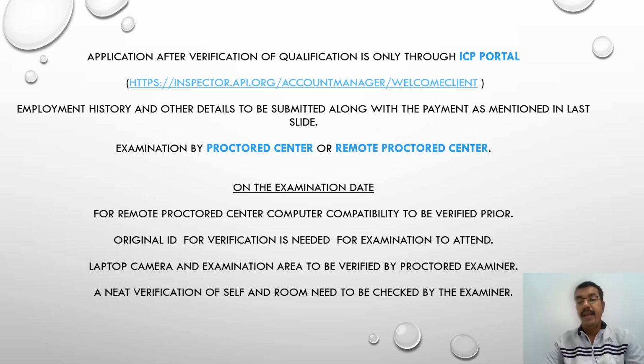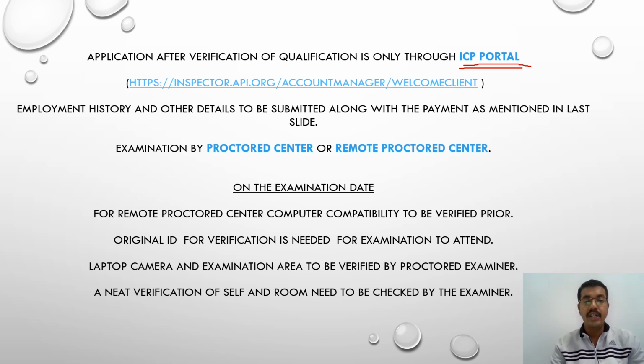So once you apply, after verification of qualification, it is only through ICP portals. Okay, ICP portal, as I gave you, inspector.api.org. This portal is the only gateway through which you will get all the information. So your application for verification, approval, payment, everything will be done through this ICP portal.